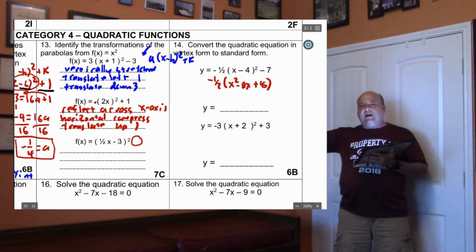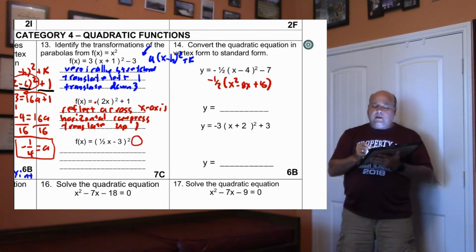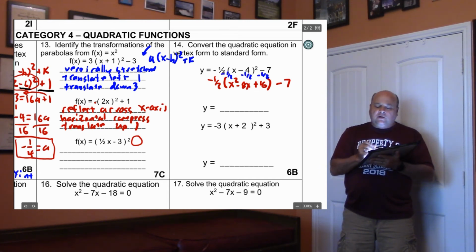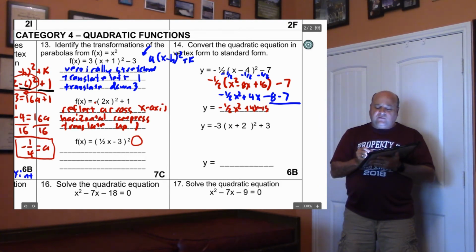If we did x minus 4, both of our arches would be -4x. We would double it. -7. The next step is to distribute that -1/2. So I'm going to have -1/2 x squared plus 4x minus 8 minus 7. Now I'm going to group these. So it's going to be -1/2 x squared plus 4x minus 15.